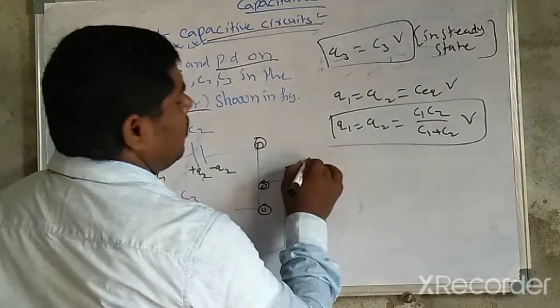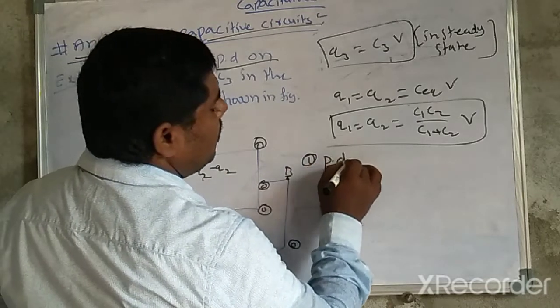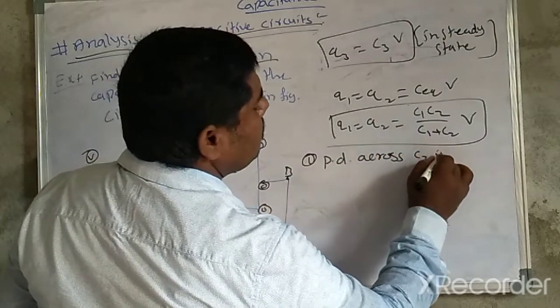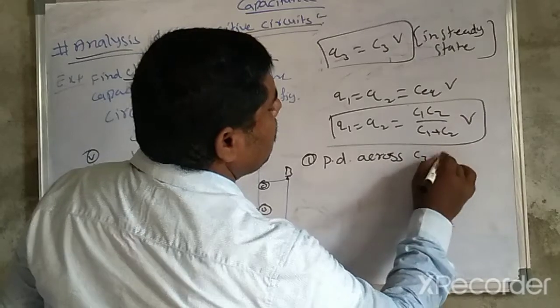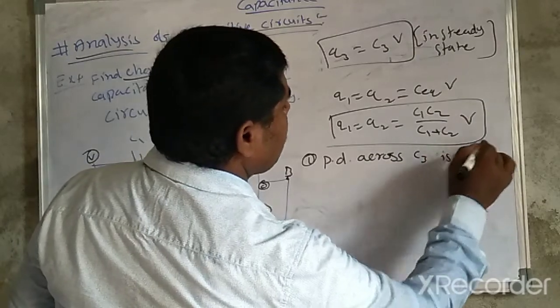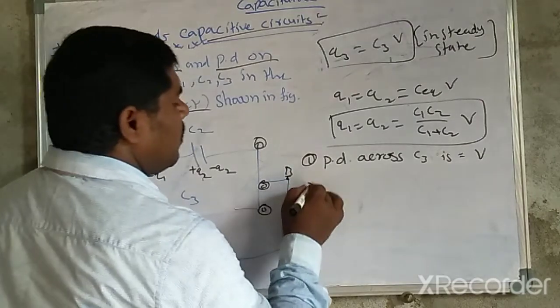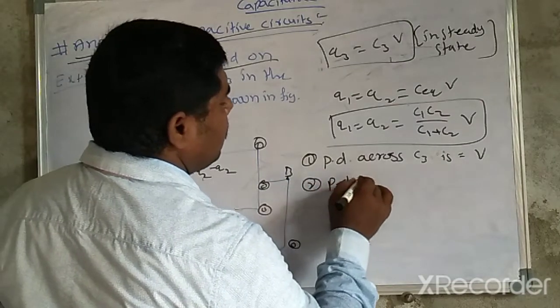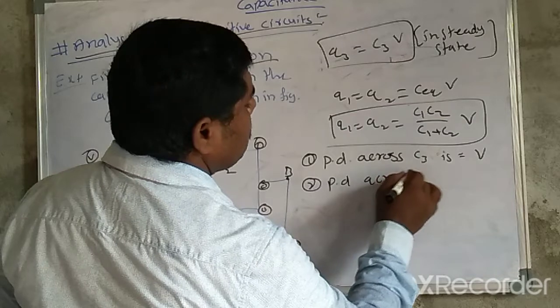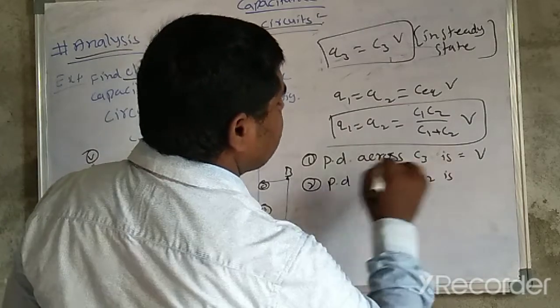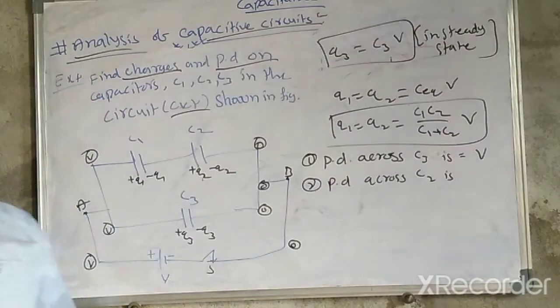In the very first point, the potential difference across C3 is V. Second, the potential difference across C1 or C2: for C2 it is equal to Q2 upon V2.